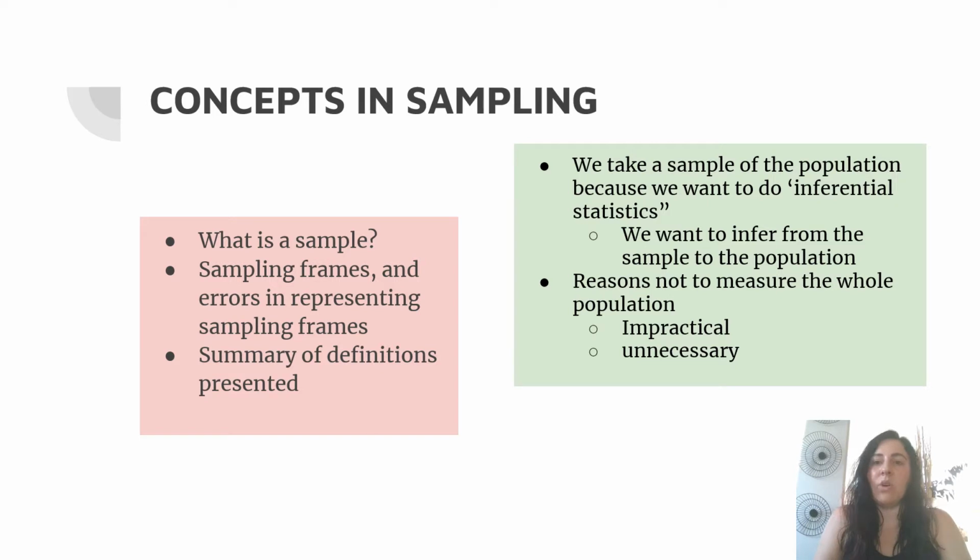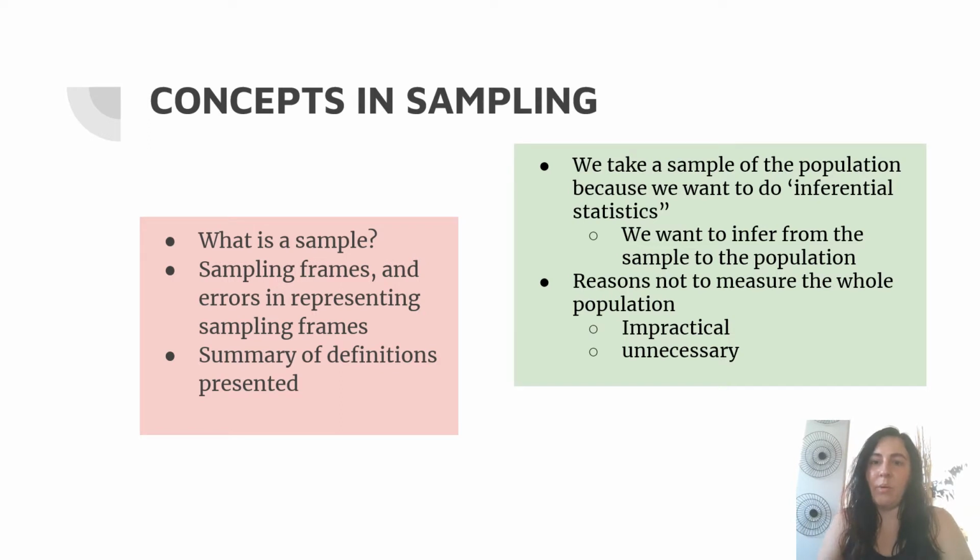Okay, so first of all, why samples? Remember in the last lecture we were looking at samples versus taking a census. If we're comparing the two, we want to take a sample of the population because we want to do inferential statistics.